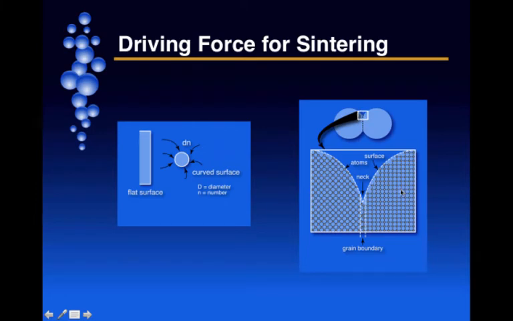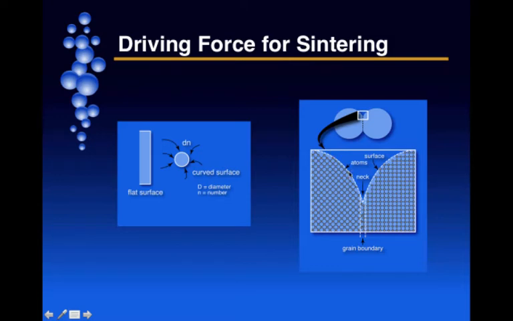The presence of the surface itself provides an energy because the top plane of atoms do not have any nearest neighbors, and so compared to the atoms in the bulk, which are surrounded by other atoms, there is an opportunity for bonding to occur with the available electrons, and so that constitutes energy.